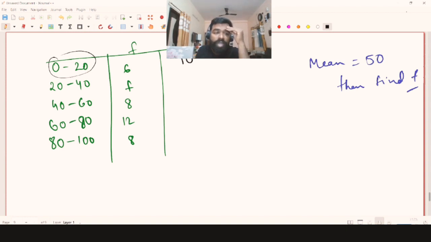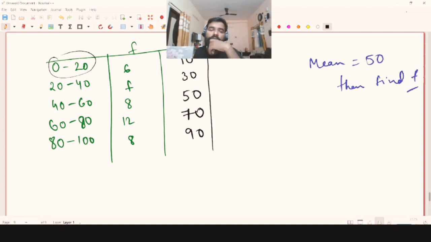Again, 20 plus 40 is 60, 60 by 2 is 30. Then 40 and 60, if you add, you get 100, then 100 by 2 you get 50. Similarly, you get 70 and 90 when you add them and divide by 2. So X is with us.